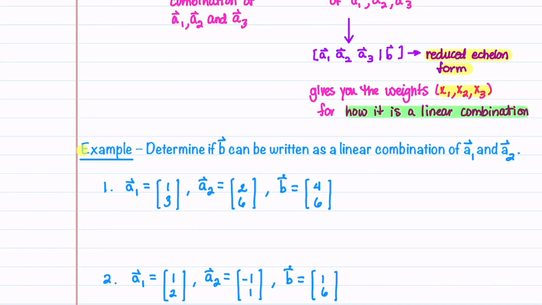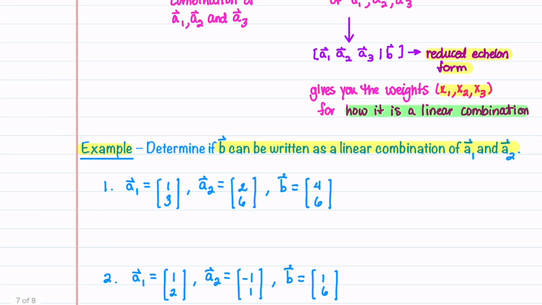Let's do some examples so we can really understand how this works. We're asked to determine if b can be written as a linear combination of a1 and a2. We'll start by writing down our augmented matrix, 1, 3, 2, 6, and then 4, 6.